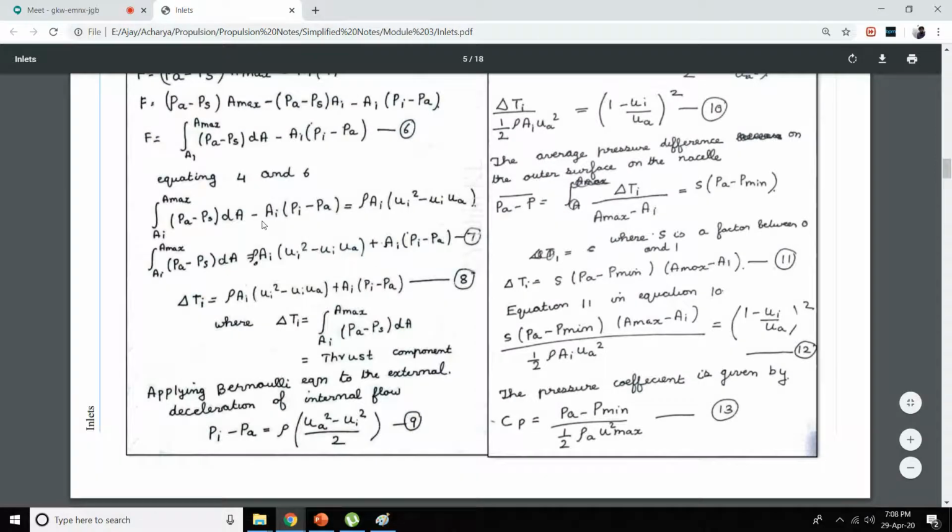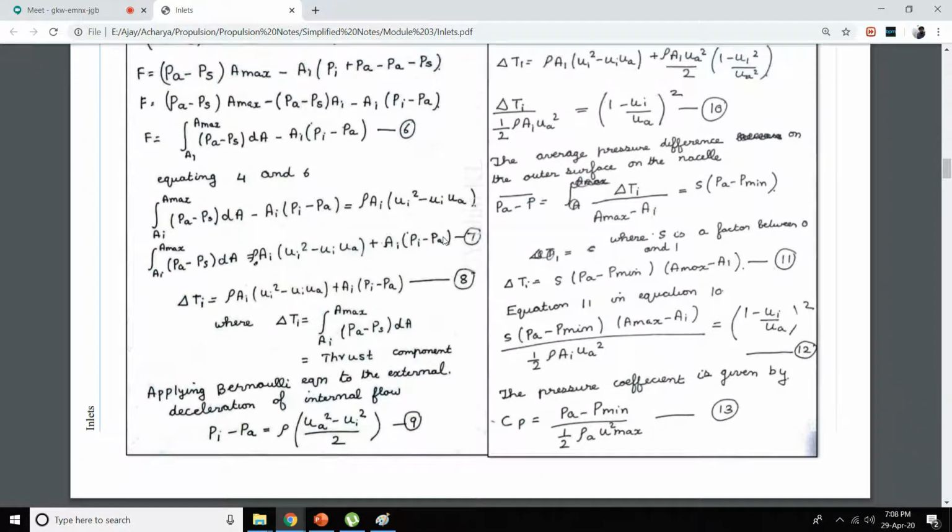So you'll keep this on one side, the integral of PS minus PA dA on one side. You'll take this to the other side. So this will become plus AI into PI minus PA. Got it?